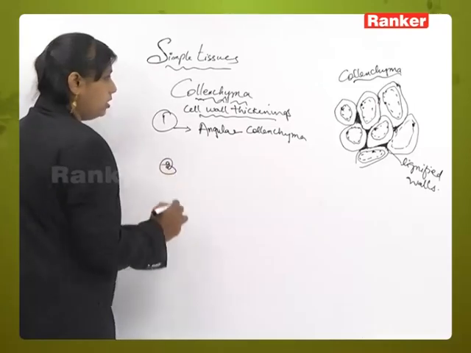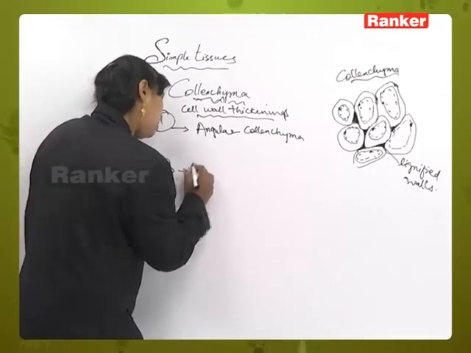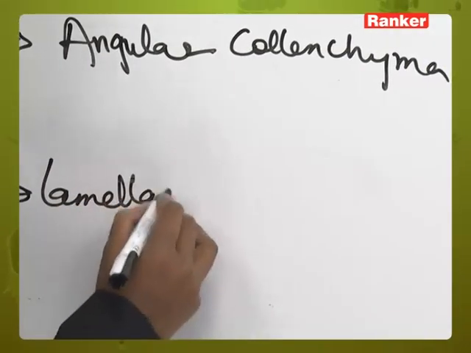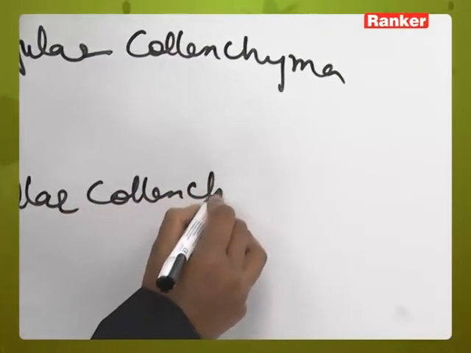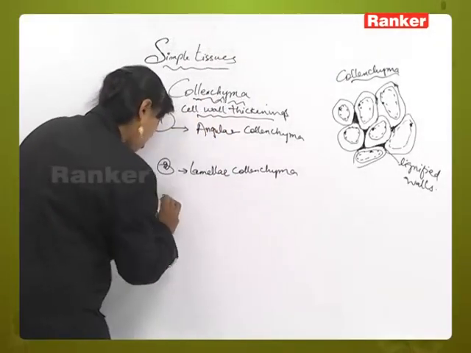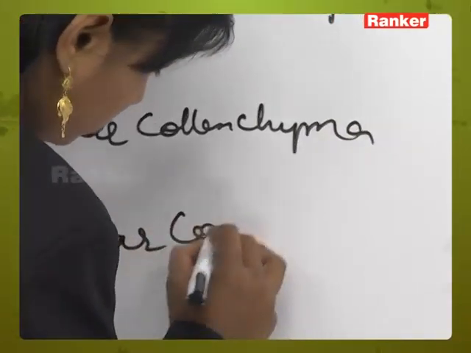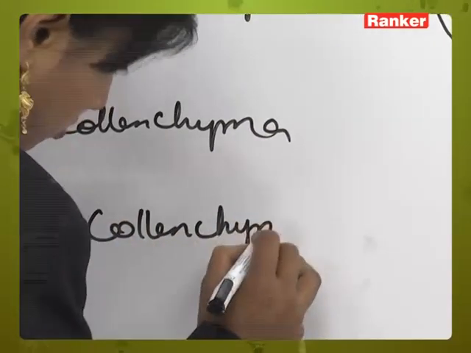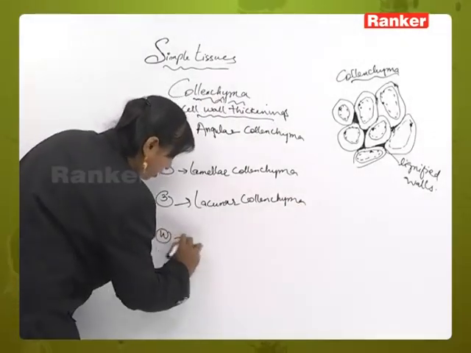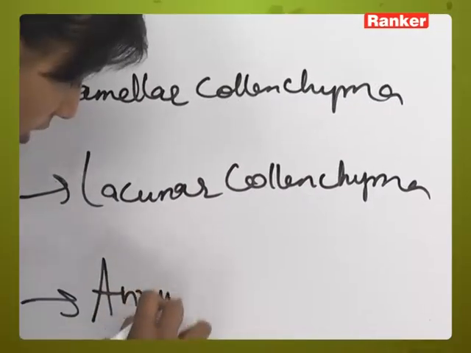Next is lamellar Collenchyma. Third is lacunar Collenchyma. And the fourth is annular Collenchyma.